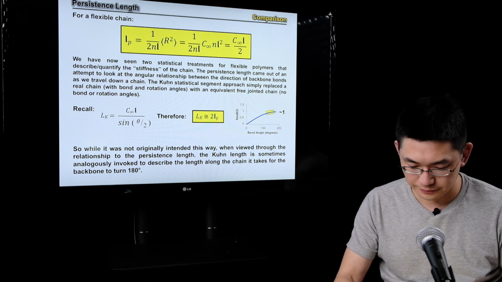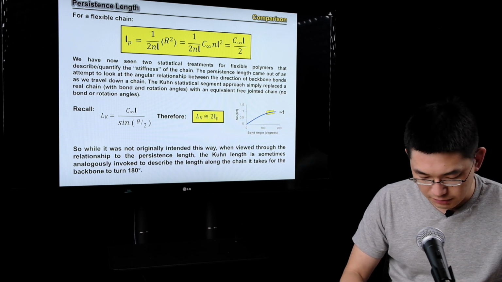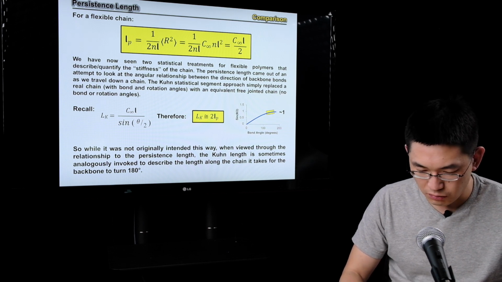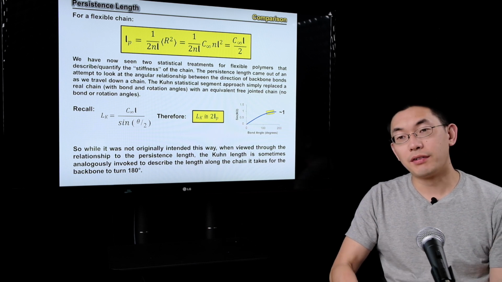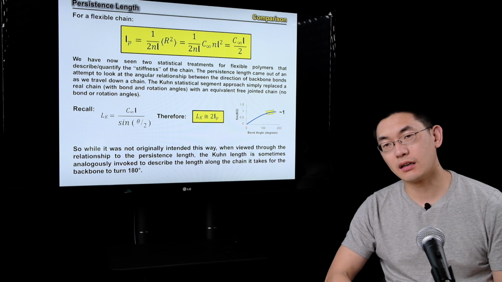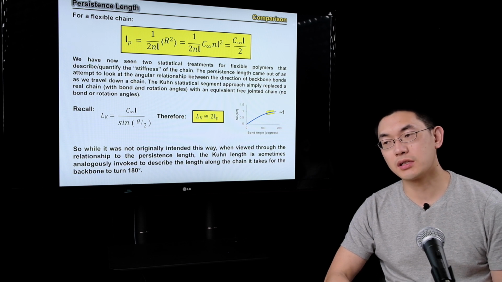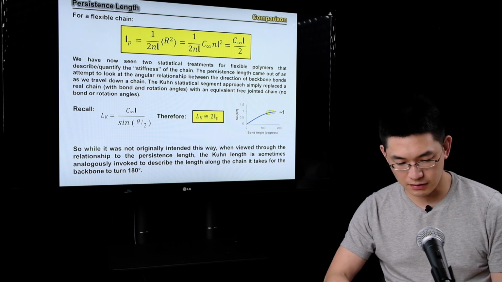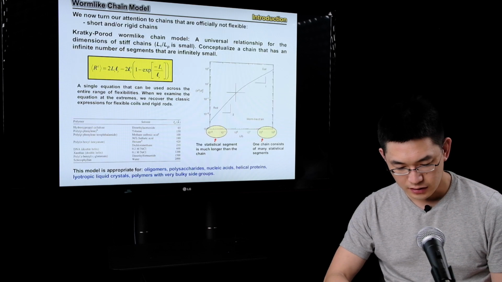Okay? So this pretty much summarizes what we want to discuss about this very useful and important term, persistence length LP, and how it relates to the characteristic ratio, as we talked about in the last few lectures.